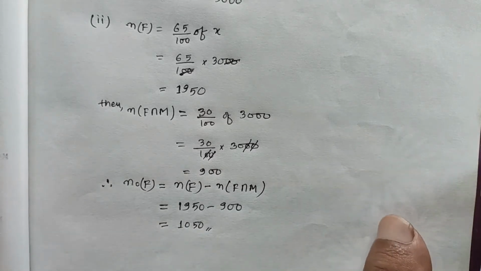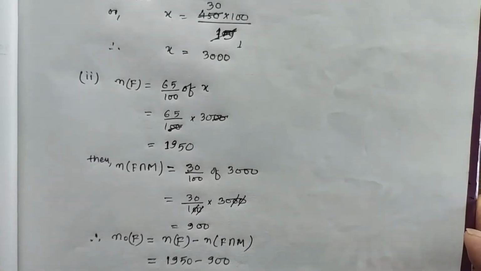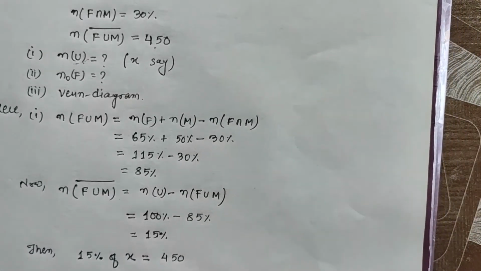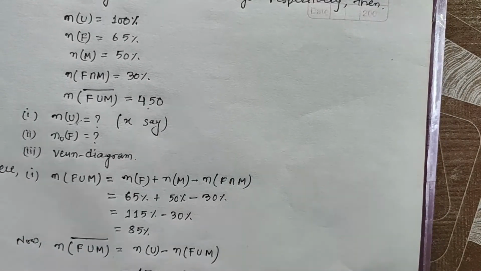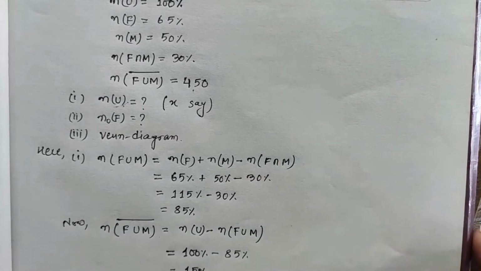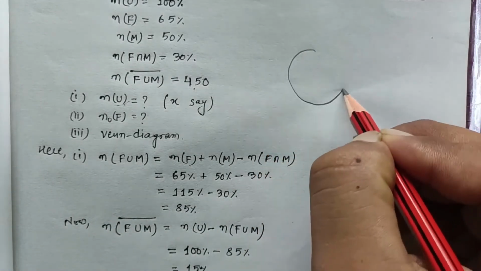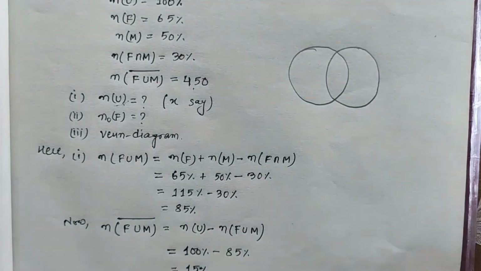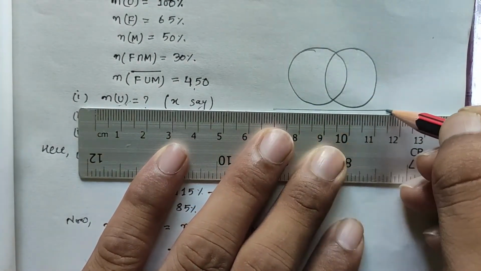So now you have to draw the Venn diagram also. Draw the Venn diagram first, then we will write the conclusion part. So let's draw the Venn diagram at the top here. The Venn diagram is like this. And I will do this scale.